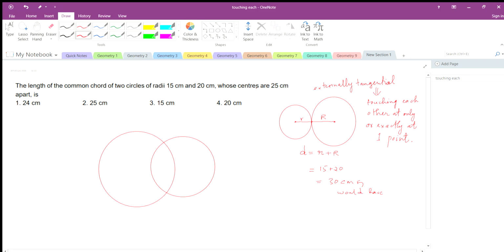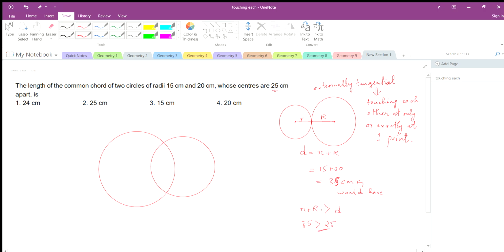But we are given that the centers are 25 centimeters apart. This is only possible when the two circles intersect each other, then we will have a common part. So R plus r is greater than d in our case: 35 is greater than 25.